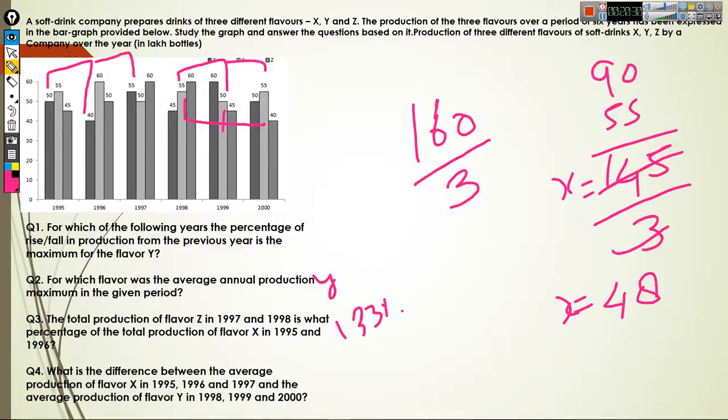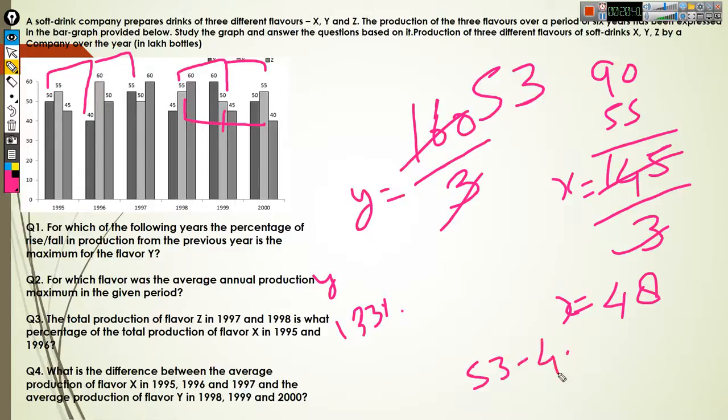Again the average, so divide by 3: 3 5s are 15 and 1, 3 3s are, so it is approximately 53. This is the value of Y. We have to find the difference according to the question. Then 53 minus 48 is equal to 5. So the difference is approximately 5. It is not the exact value, it is an approximate value because we did not calculate beyond the decimal.